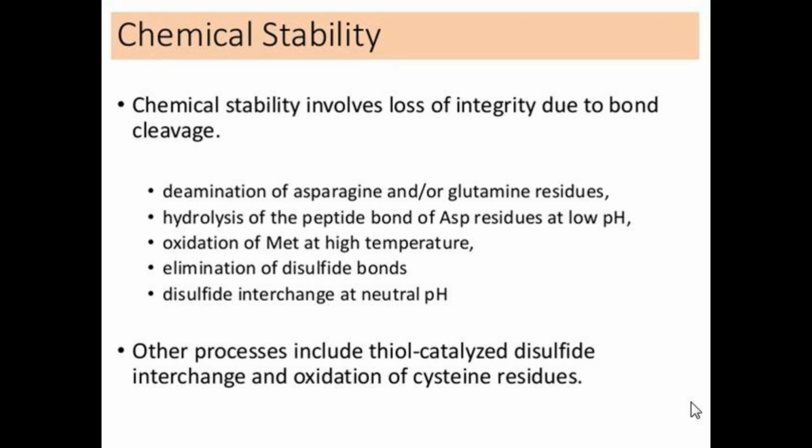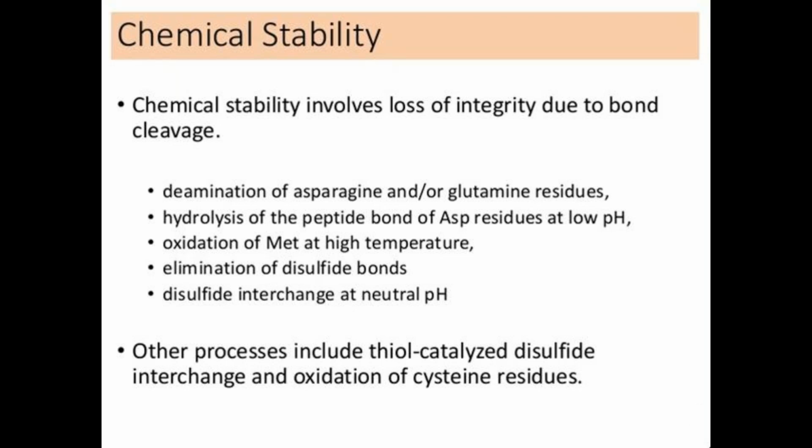SH. That means containing thiol, the disulfide bond can be catalyzed and interchanged during this chemical instability of the protein structure, and it also causes the oxidation of different cysteine residues.